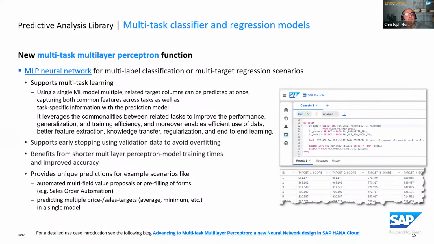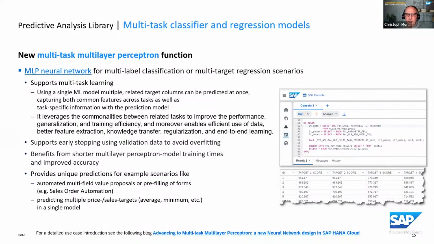So that's an advantage of this neural network implementation, as it can leverage the commonalities between the different targets to be predicted, but also can differentiate for the individual target field very well. And therefore, I think it is a great value add to the family of classification and regression models we're supporting here.